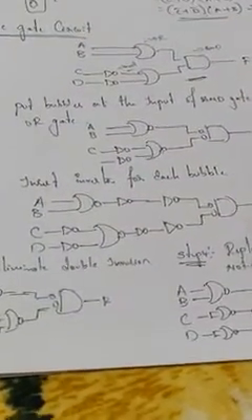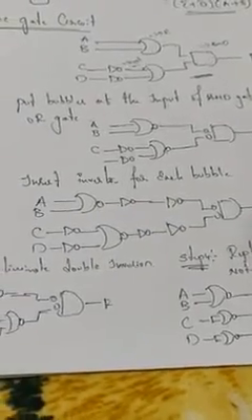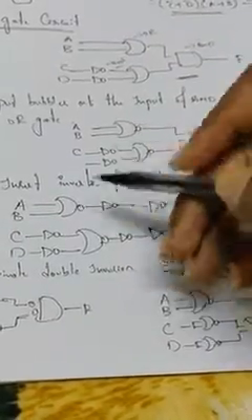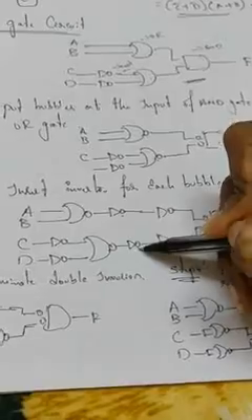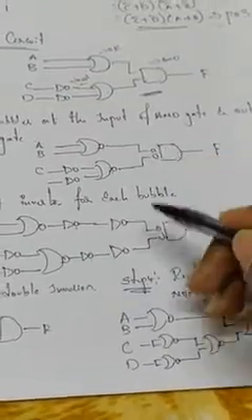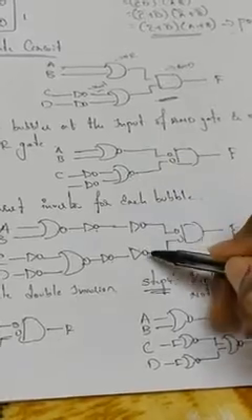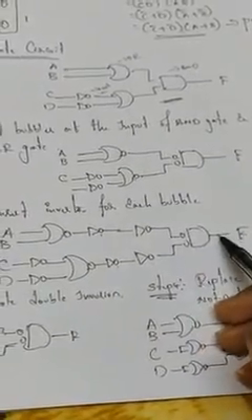Second step, wherever you added a bubble, put an inverter there. Insert an inverter for each bubble. You added a bubble here, so put an inverter here. You added a bubble here, put an inverter here. You added a bubble here, put an inverter here. You added a bubble here, put an inverter here.